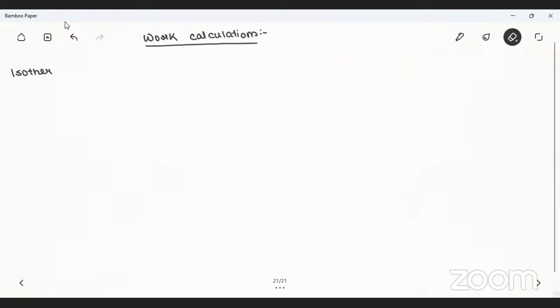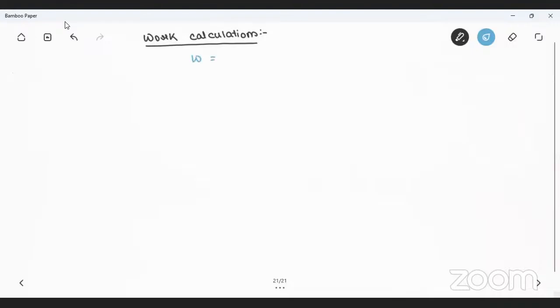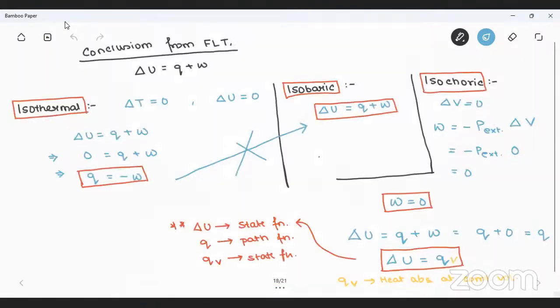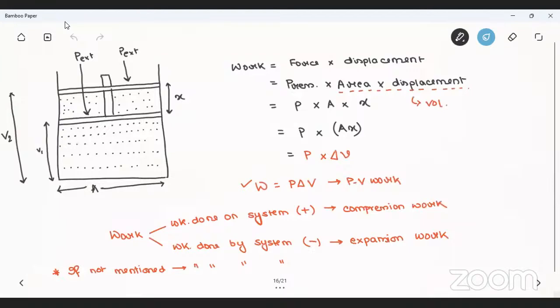Before writing this, what is our general formula for work done? W is equal to minus P external delta V. This is our conclusion. This is the basic definition for work done.